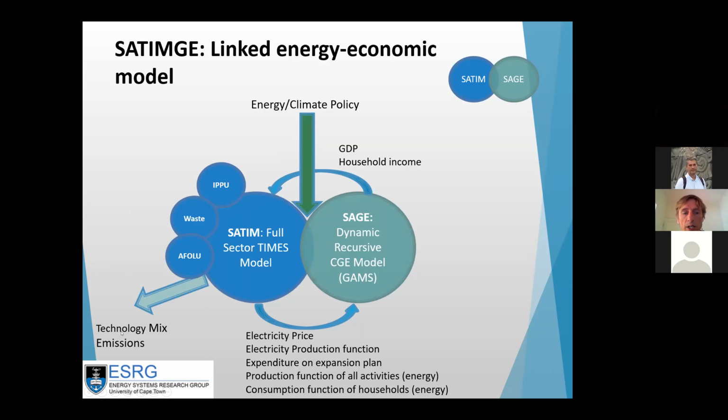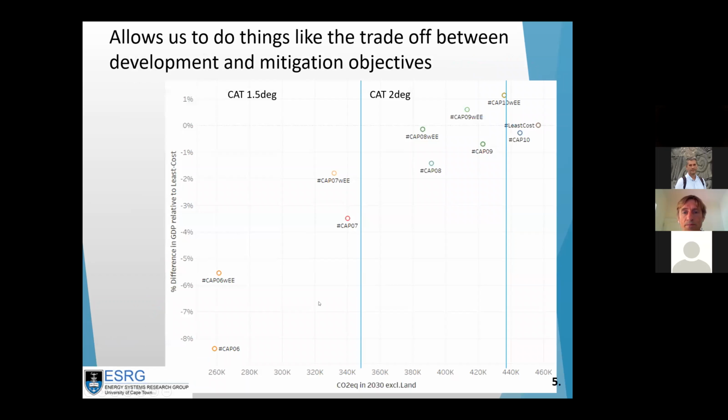Then out of that, we get the technology mix. So there's a few iterations until we get convergence on the GDP trajectory. And then we get the technology mix, the least cost technology mix, and the emissions, and also some socioeconomic indicators.